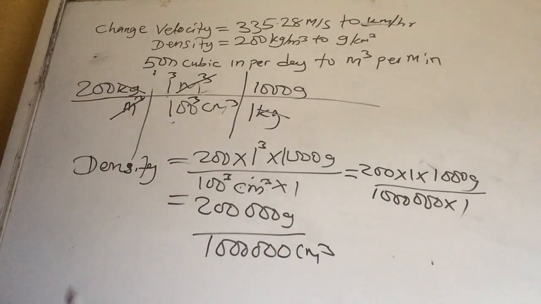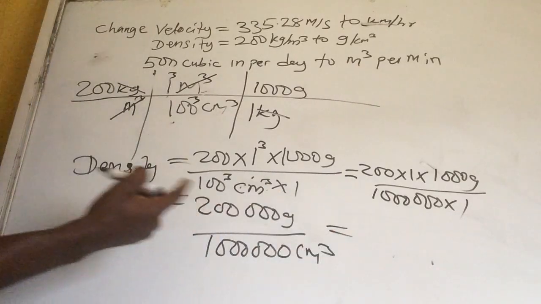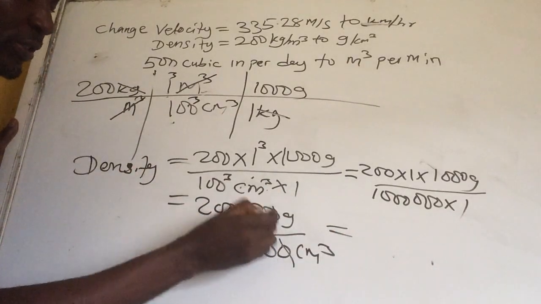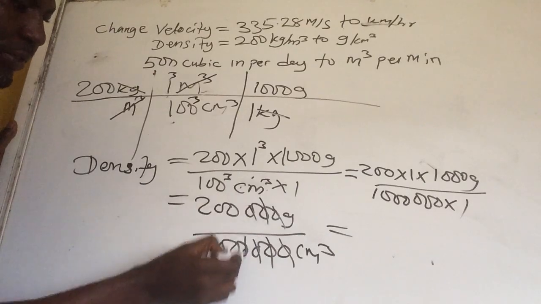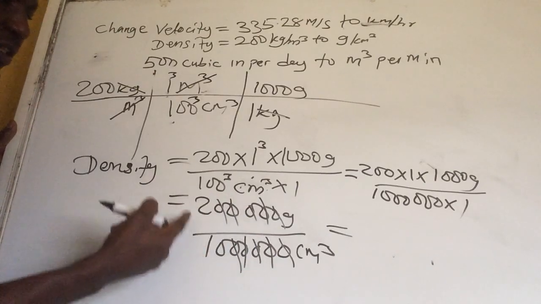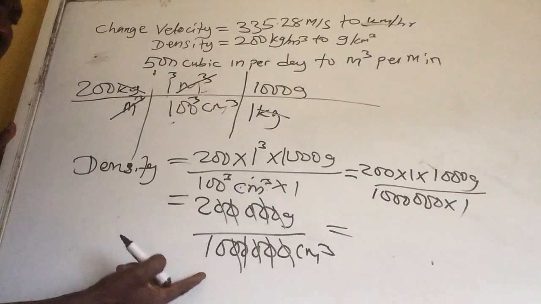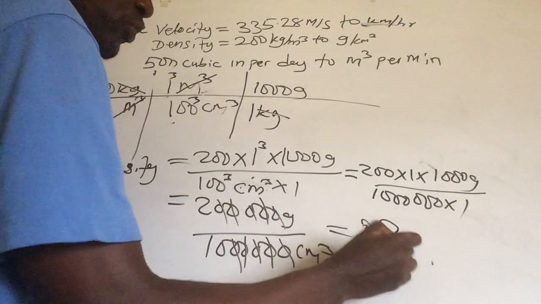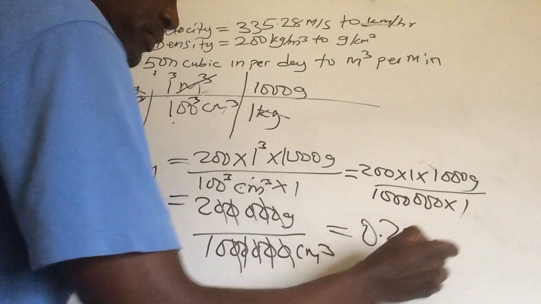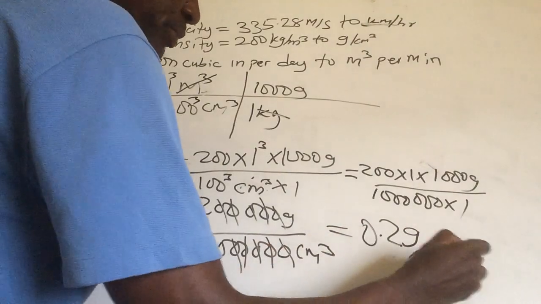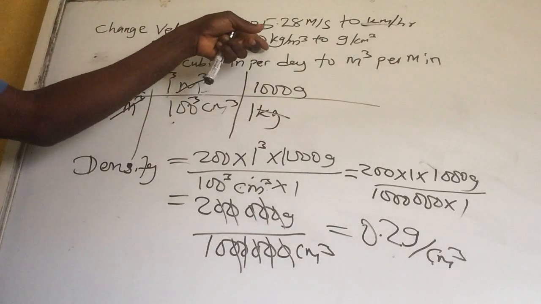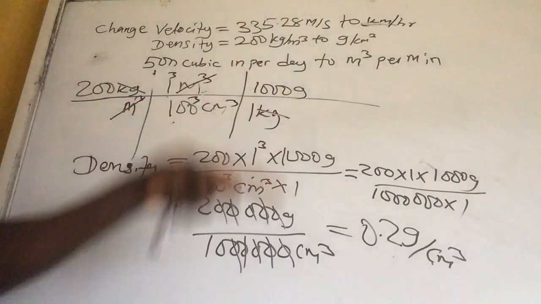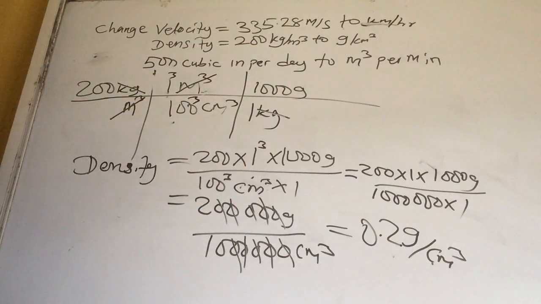Now, when we divide, 0 kills 0, 0 kills 0, 0 kills 0, 0 kills 0, 0 kills 0. What is remaining is 2 all over 10. So 2 divided by 10 will give us 0.2 gram per cm cube. We have successfully converted density, which is 200 kilogram per meter cube, to gram per cm cube. That is how to do that.